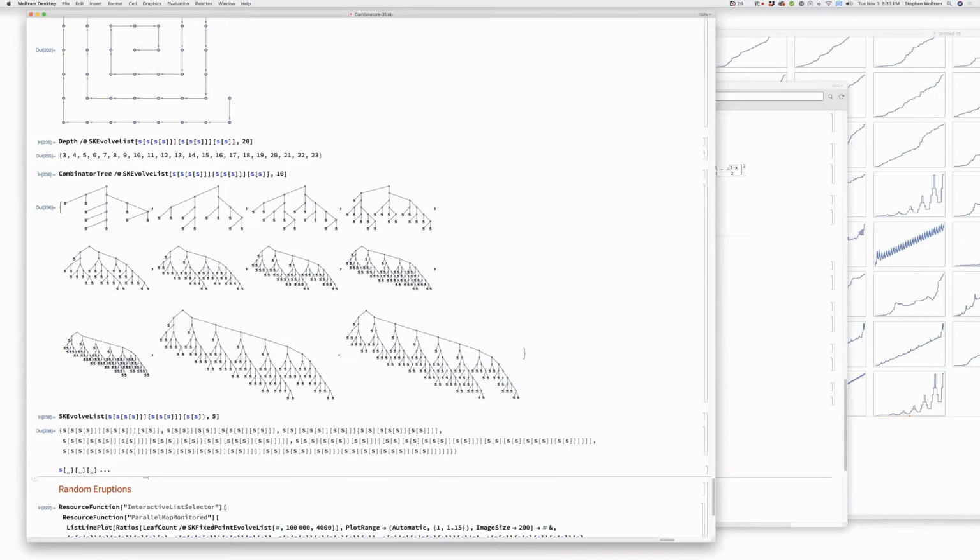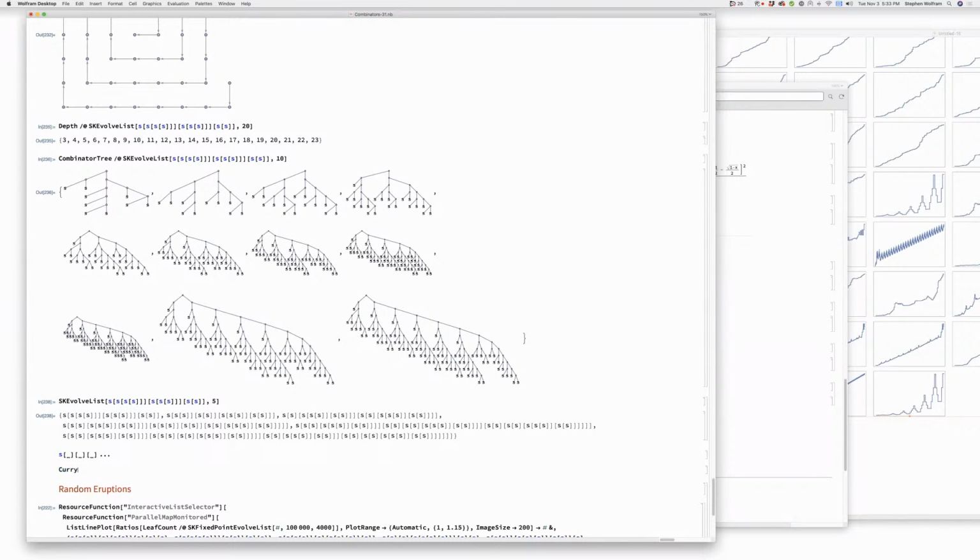Okay, so I think I need to say, let's call it curry break, or decurry in some sense. And that is of an expression. And what we're going to say is nest list of the expression.